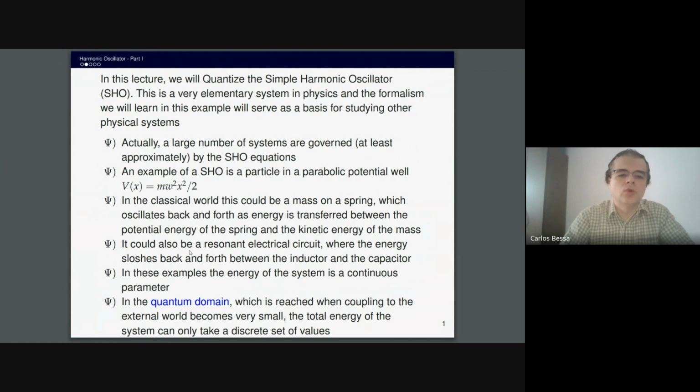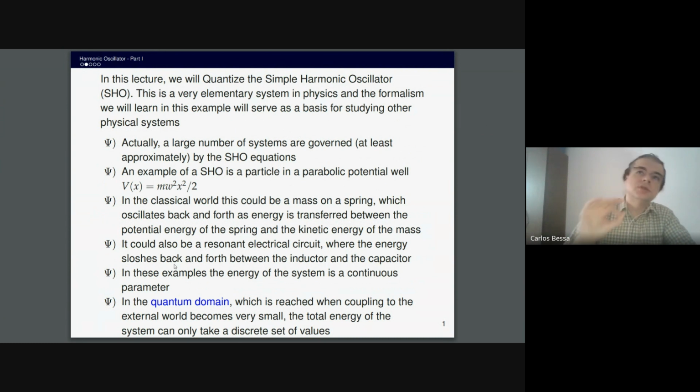It could also be present, still in the classical world, in a resonant electrical circuit, where the energy is lost back and forth between the inductor and the capacitor. In these examples, the energy of the system is always a continuous parameter.